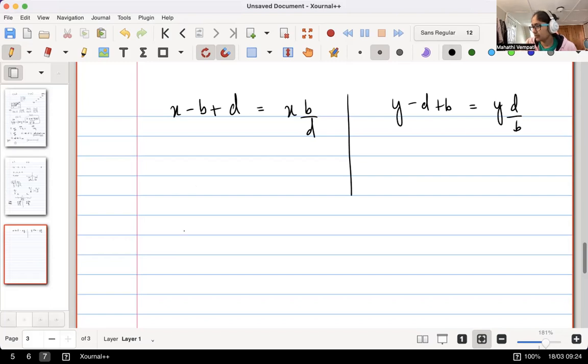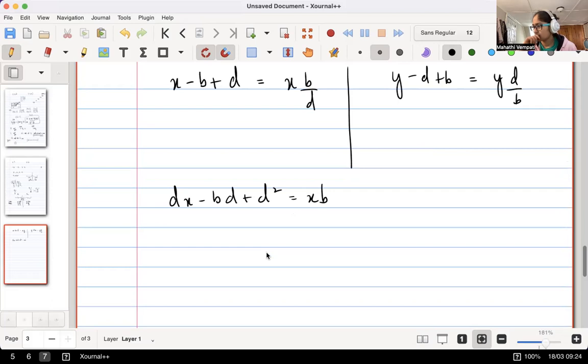So let's get all the D's on one side and all the B's on the other. Dx minus BD plus D square equals XB. Wait, you have a more interesting thing.